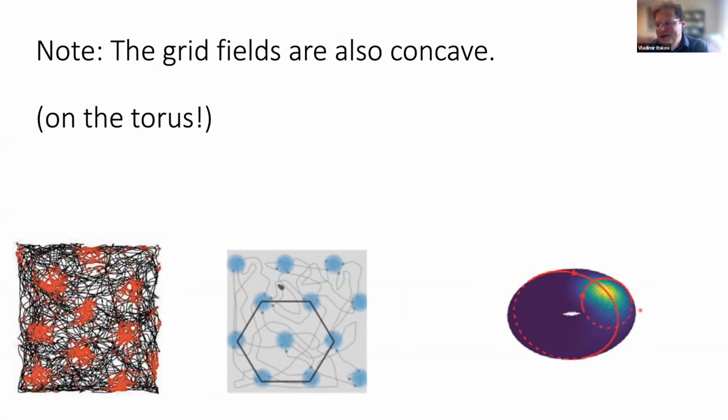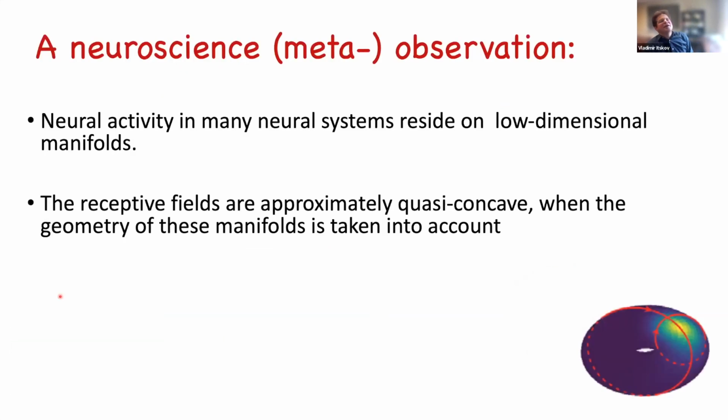But still, the basic pattern of convex unimodal receptive fields is nicely preserved even in so-called grid fields, which at first look don't look convex at all. Coincidentally, all of the three examples I showed you received Nobel Prizes.